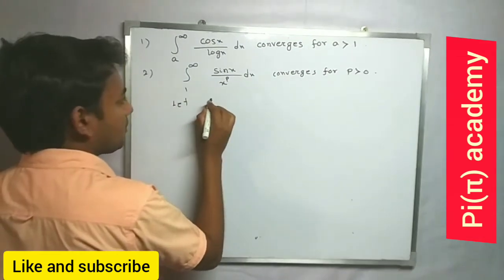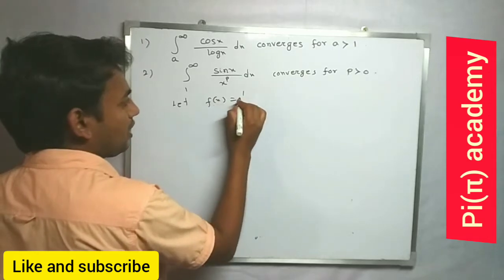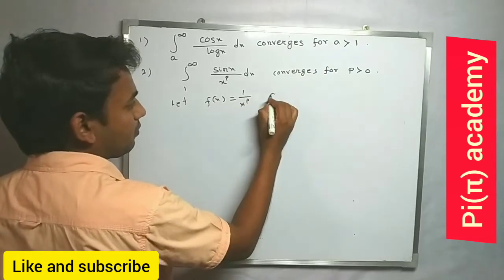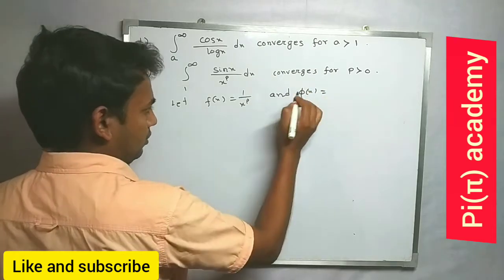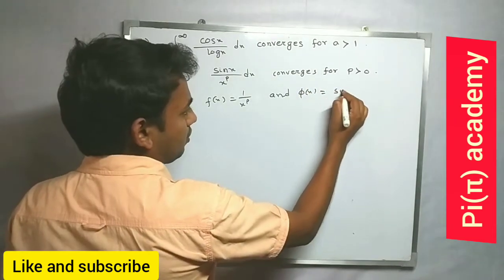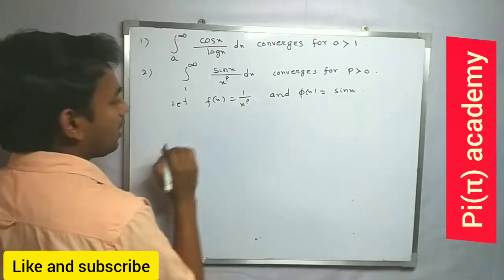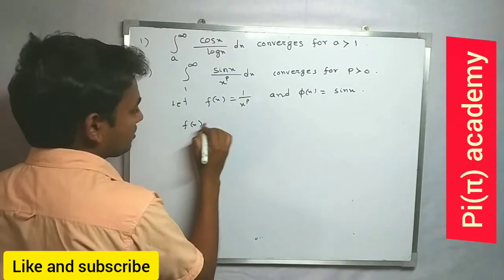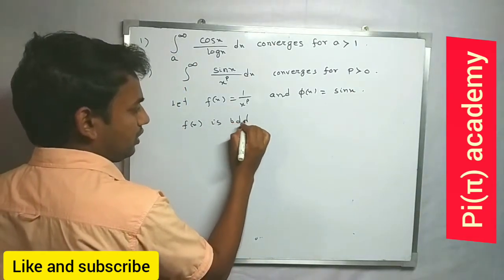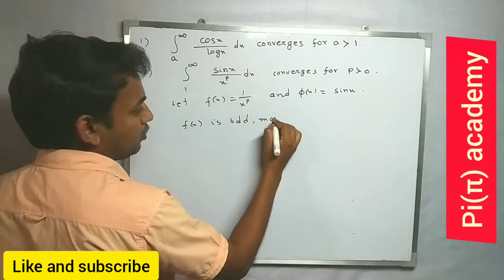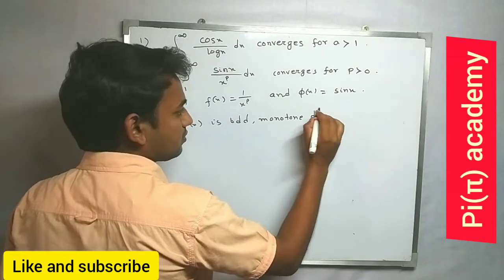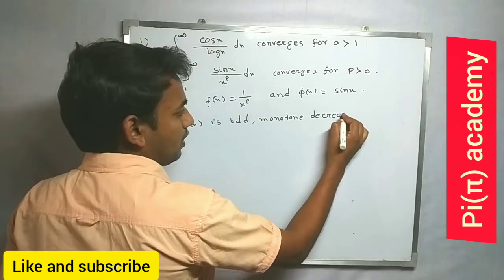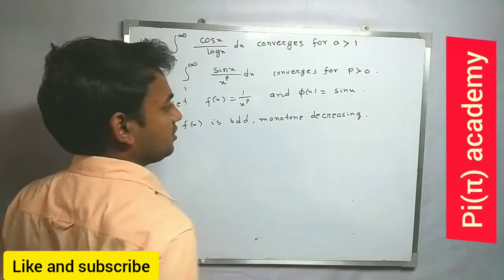Let f(x) equal 1 by x to the power p, and let phi(x) equal sin x. Now f(x) is bounded and monotone decreasing.